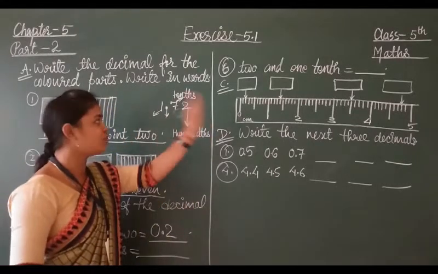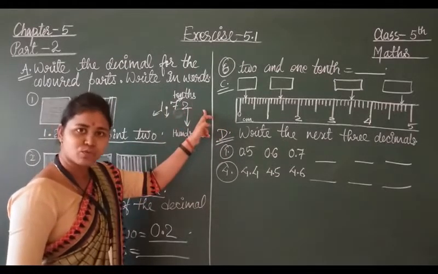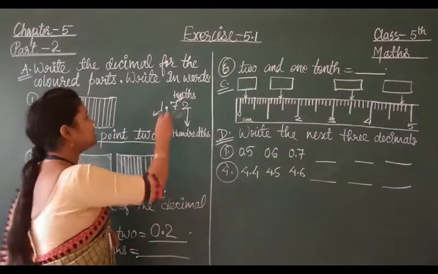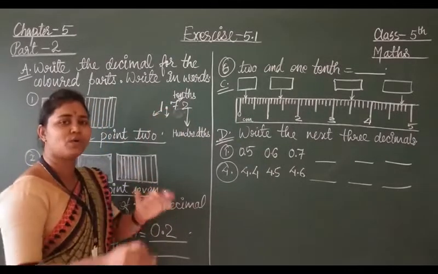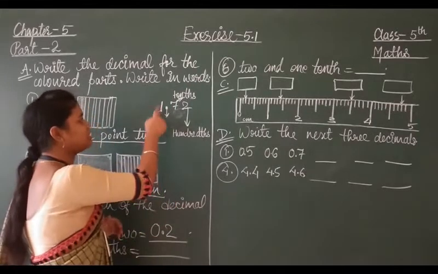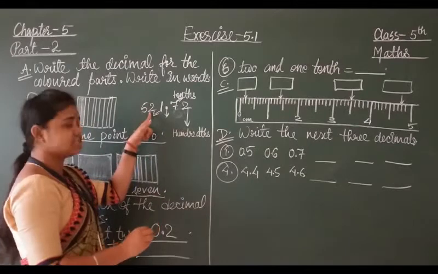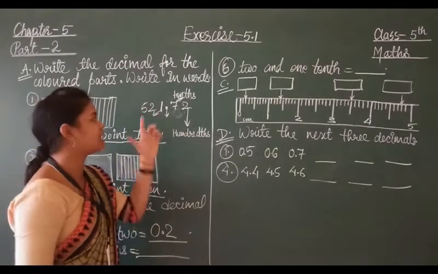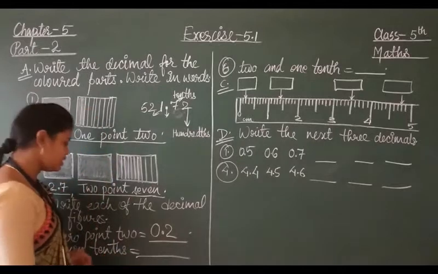If you move forward after the decimal, it is tenths, hundredths, thousandths, like that. And before the decimal, as we generally know, we read ones, then for example if 2 is there, 5 is there, this will be ones, this is tens, and this is hundreds. This I had explained to you in the first part of chapter number 5. This is the second part, second video.